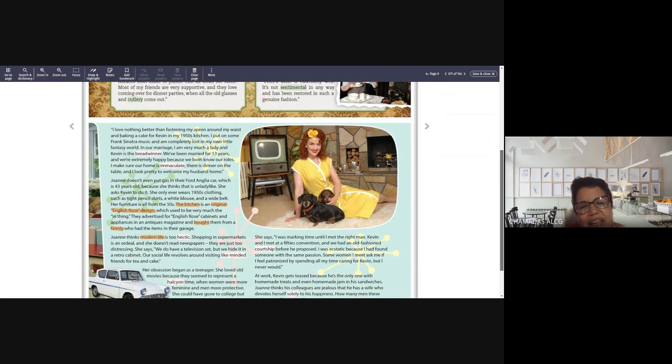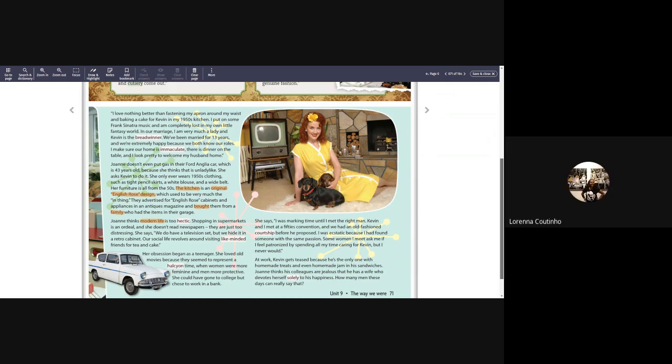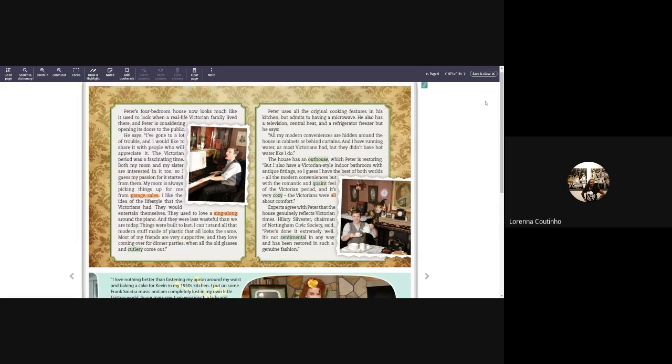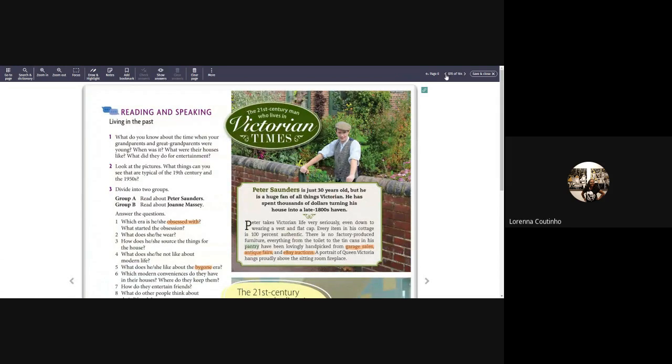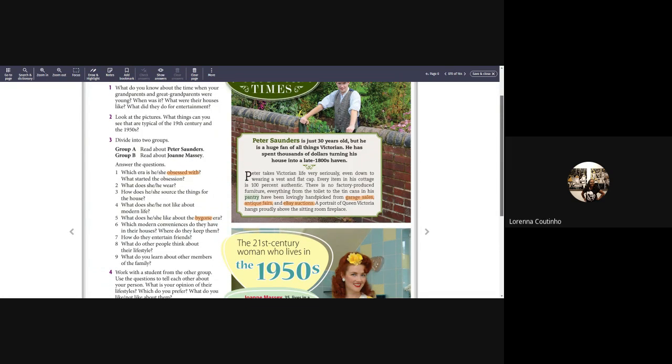What about you, Lorena? Would you like to go back in time? Yes and no, because every moment is unique, but like she said, we have good moments, and I think we really like to go back to these moments, but not to live all my life again.